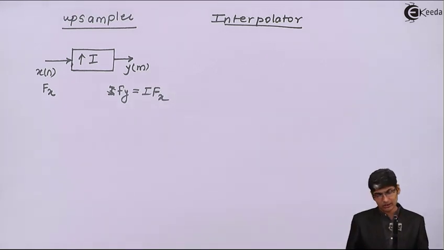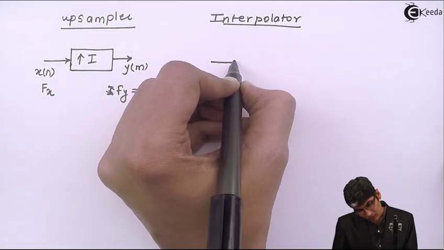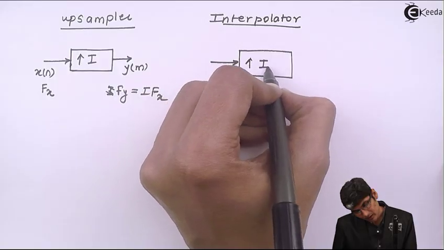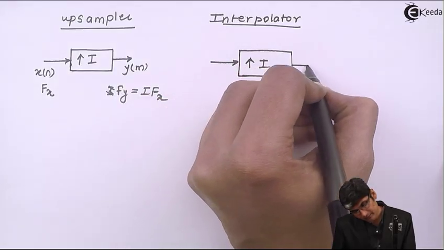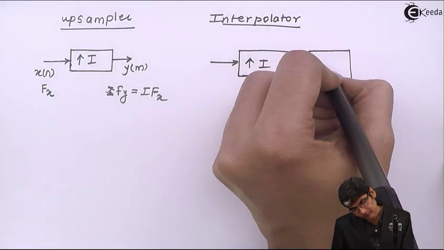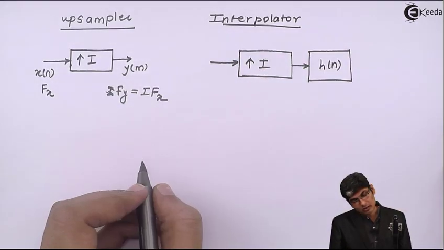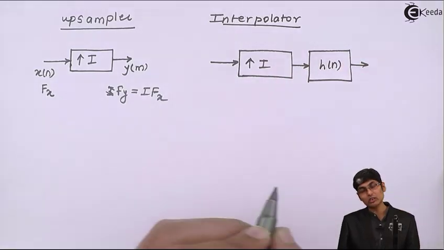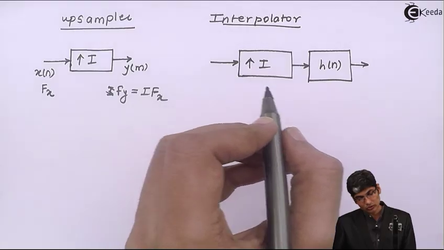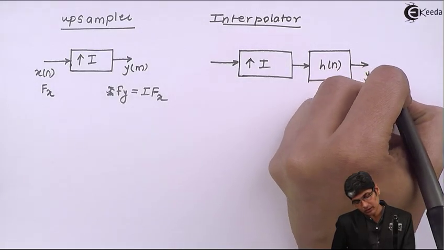So an interpolator will be a system in which I upsample the signal by, let's say, a factor of L, but then to remove the images we will use a low pass filter, which is h of n. Then I will get y of m as output here.